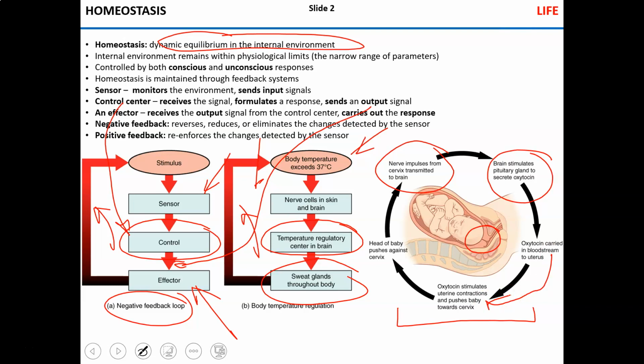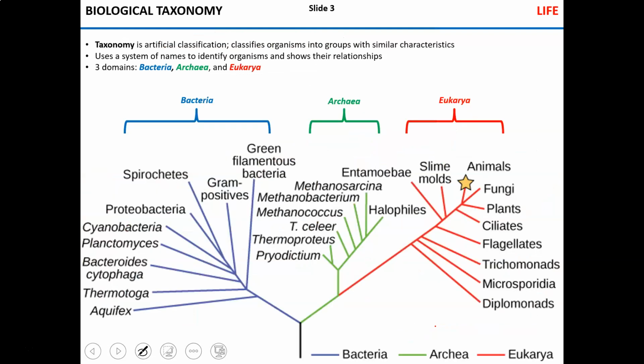And oxytocin stimulates further contractions of the uterus, which pushes the baby's head against the cervix even more, which sends more signals to the brain, which leads to more oxytocin release and more robust contractions. This self-amplifying cycle leads to some cataclysmic change, which is essentially the birth of a baby.